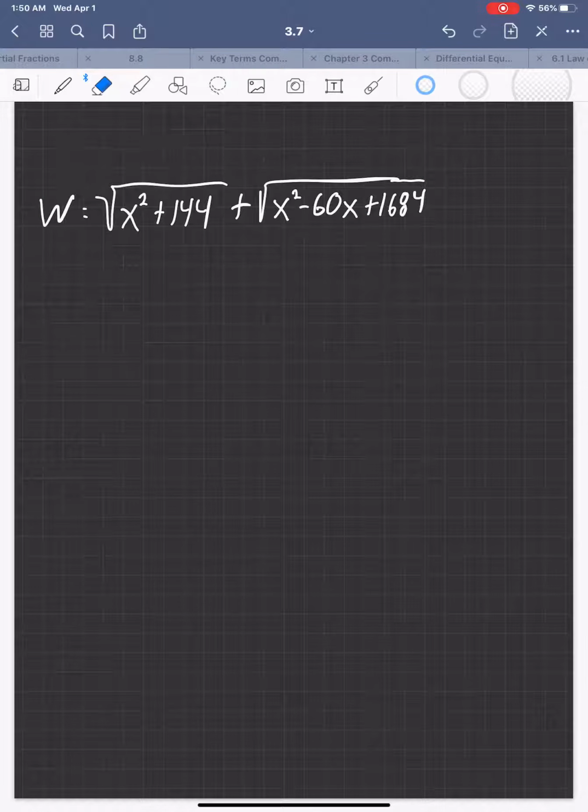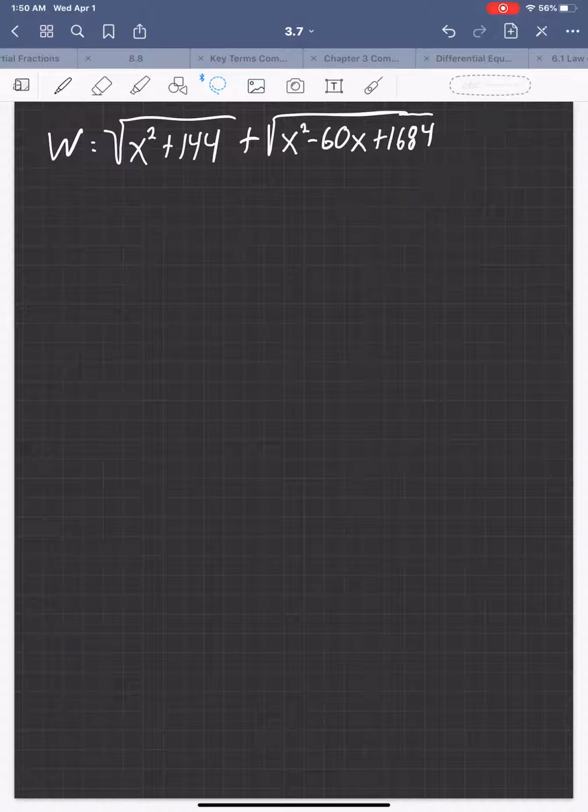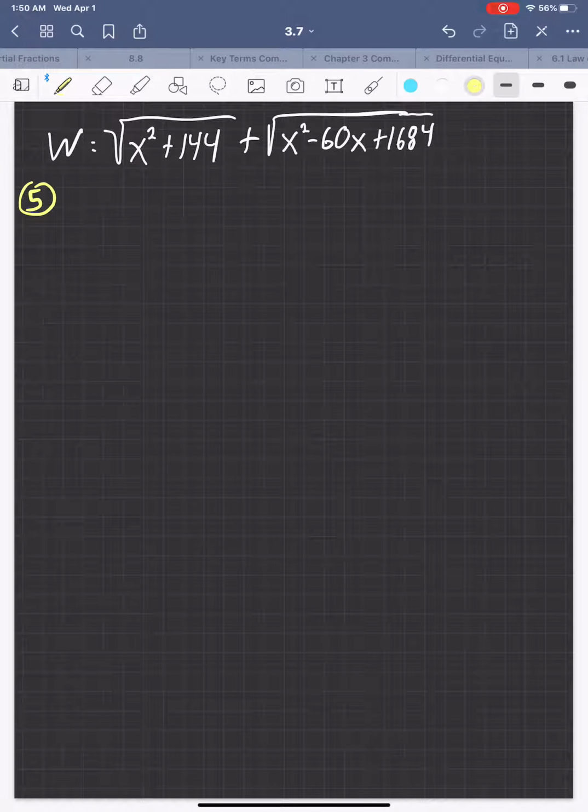Okay, so entertain yourself for just a second. And finally, let's go to the fifth step. Ready? So now we need calculus. So now we want to take the derivative, it's W prime, or the derivative of W with respect to x.